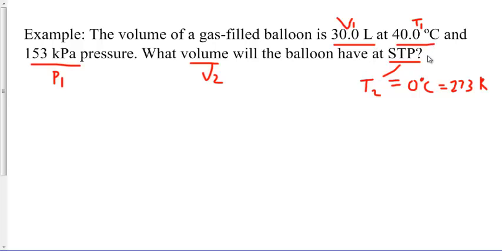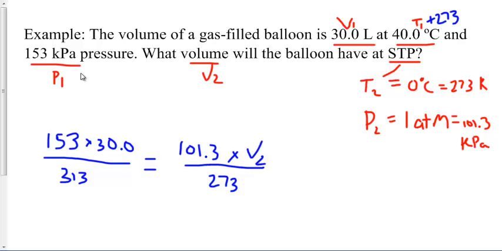STP, remember that? STP is standard temperature and pressure. Standard temperature is 0 degrees Celsius, which is 273 Kelvin. Do you remember what standard pressure was? 1 atmosphere, but I have P1 in kilopascals, so I can't just use 1 atmosphere. That's 101.3 kilopascals. Now that we have all our components, all we have to do is plug in our numbers.